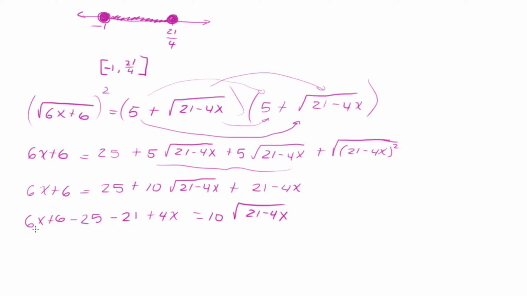Now, add like terms. 6x plus 4x is 10x. 6 minus 25 is negative 19. And then negative 19 minus 21 is negative 40.